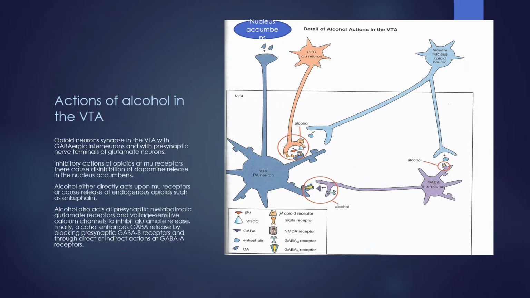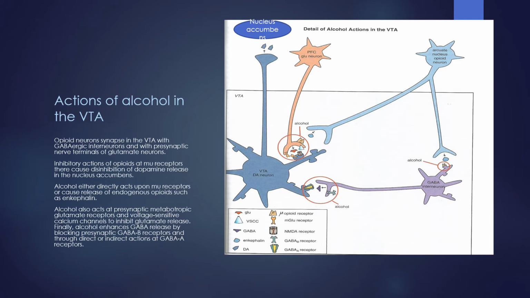This is the reward pathway. We are going to focus mainly on alcohol. Last time we focused on opioids, which are produced by the arcuate nucleus, although even in alcohol it plays a role. So what happens, this is the ventral tegmental area of the brain, and it has neurons which are sending axons to the nucleus accumbens, which is the main nucleus in the brain concerned with the reward system.